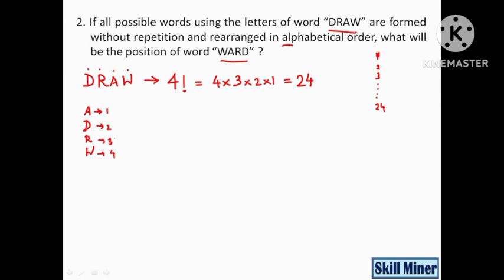In our question they mention the word WARD, and we need to find its position.